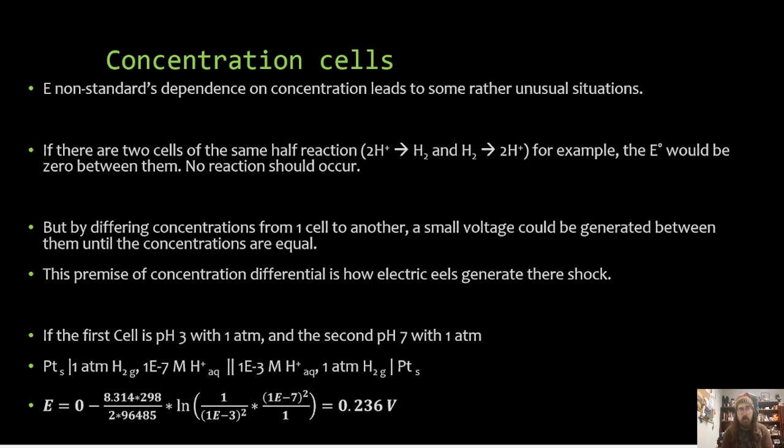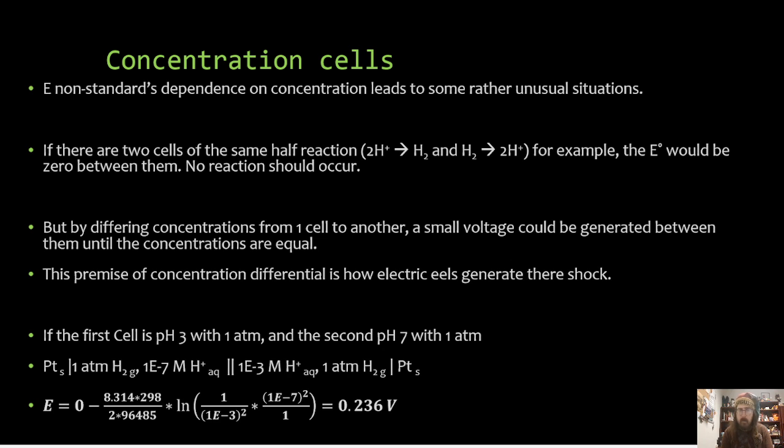Essentially one side will oxidize a bit, and the other side will reduce a bit, until they get essentially the same concentrations on both sides. So by varying the concentrations from one cell to another, you can create a small but significant voltage.